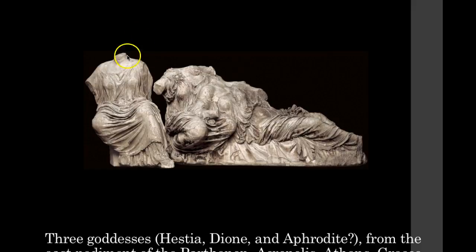And so this is something that the Greeks become really well known for, and sometimes you'll hear the term wet drapery. So it almost seems like this drapery clings to their body, and it really shows the volume, and it really does look like there's a body underneath all this drapery. So this is a really unique characteristic of the high classical period in Greece.